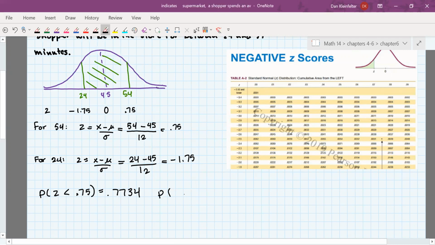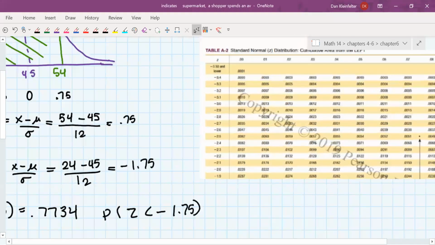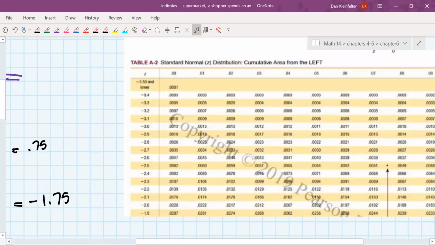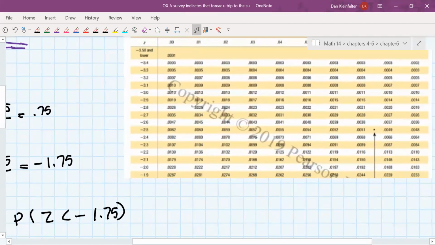We want the probability for z being less than negative 1.75. So looking at our negative z-table, negative 1.75, I didn't copy over enough rows. So sorry about that. 1.75, 0.0401.